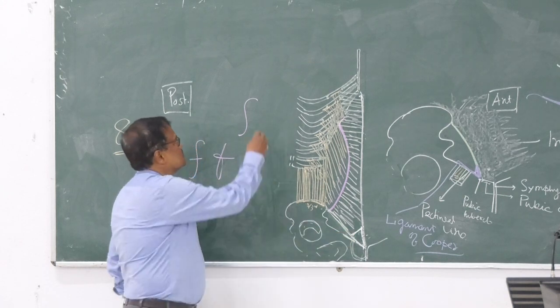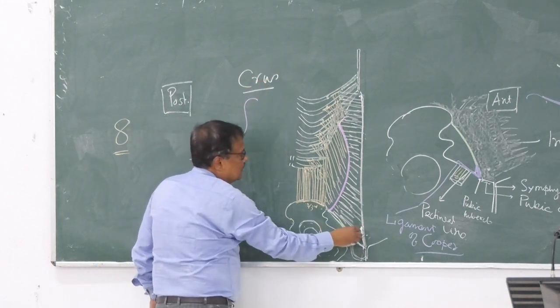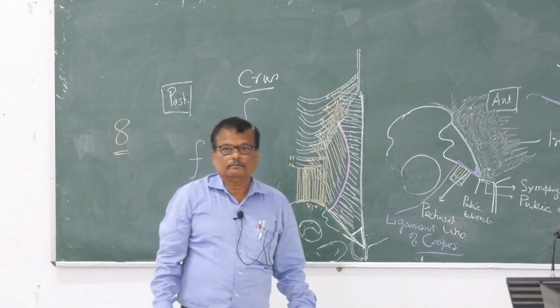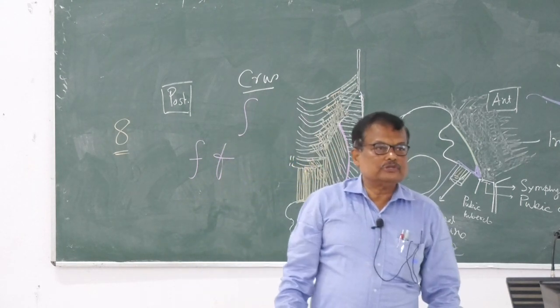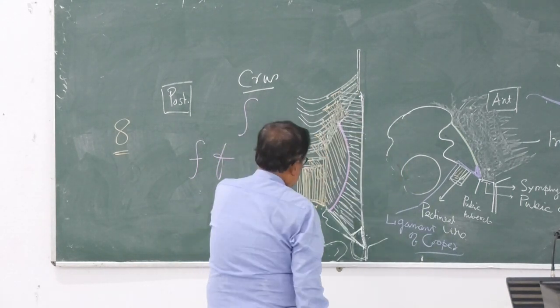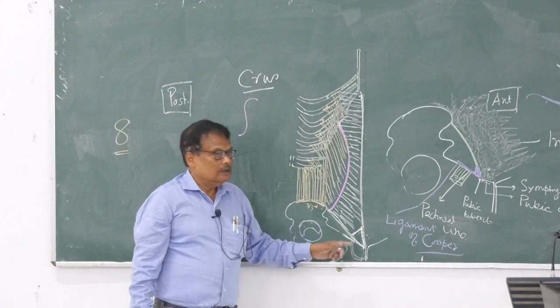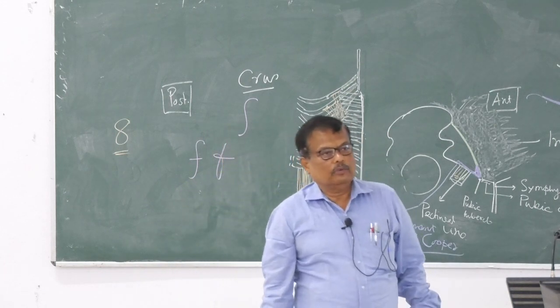Medial crus and lateral crus. So the apex is here, and the base is the crest of the pubic bone, the pubic crest.